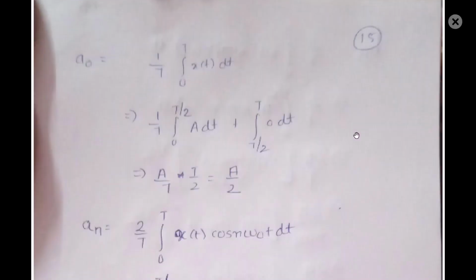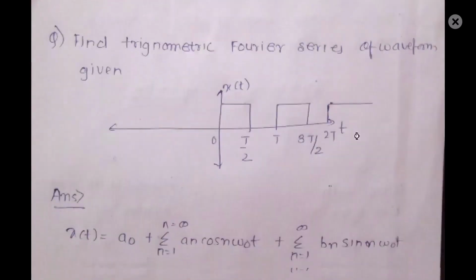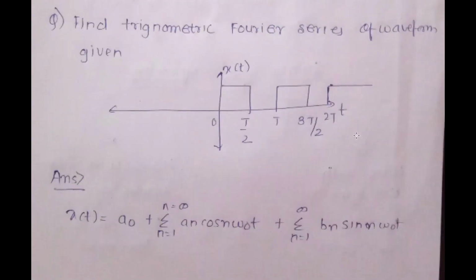Now we'll talk about the next thing, solving a question on the same. To find the trigonometric Fourier series of the waveform given. So here if you see, I have signal x of t given to me. Now from this signal, I cannot determine anything, right? For even symmetry and odd symmetry, there has to exist something in the negative half. They have not given anything in the negative half.